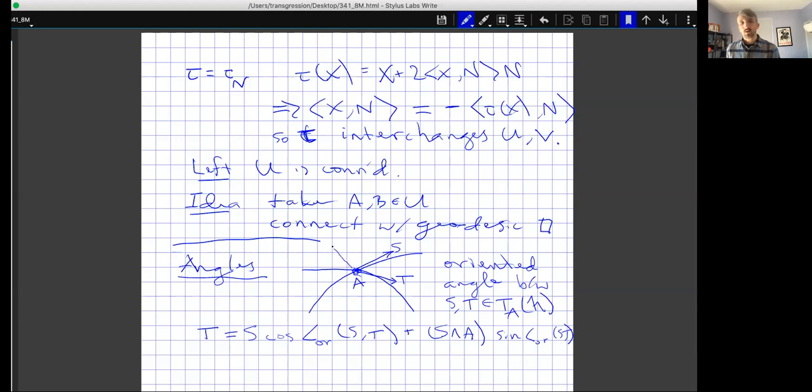So S wedge A is somehow this vector. And we're more or less doing that circle parametrization of these vectors, all tangent at A. So it's a plane, and they're unit tangent vectors. I should have written that: this is all for S, T unit tangent vectors.